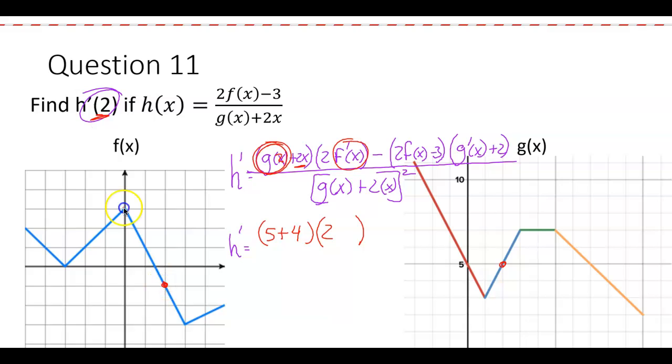And that means we want to know the slope of this line that we're on there. The rise is -2 and the run is 1. So the slope would be -2. Then we have 2 times, plugging in 2 here, what would f of 2 equal? That's the y value at that point, which is -1.